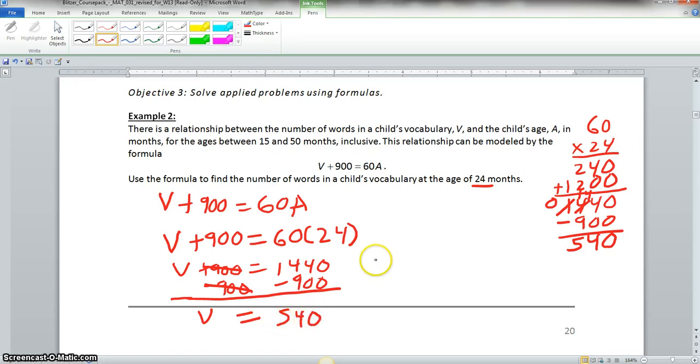So your answer here would be, it says, find the number of words in a child's vocabulary at the age of 24 months.